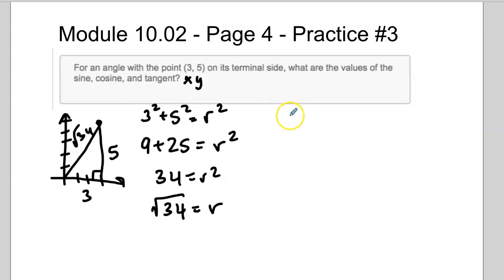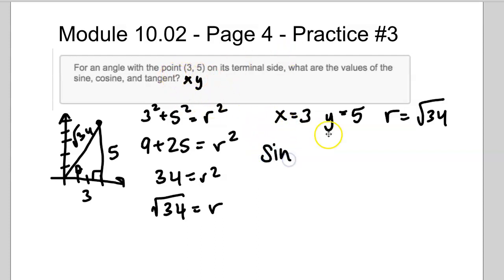So I'm just going to write down my coordinates. You could always call this theta and do opposite, adjacent, and hypotenuse, but knowing my coordinates, x is 3, y is 5, and then the radius is root 34. And I'm just going to go over, get my values for sine, cosine, and tangent.